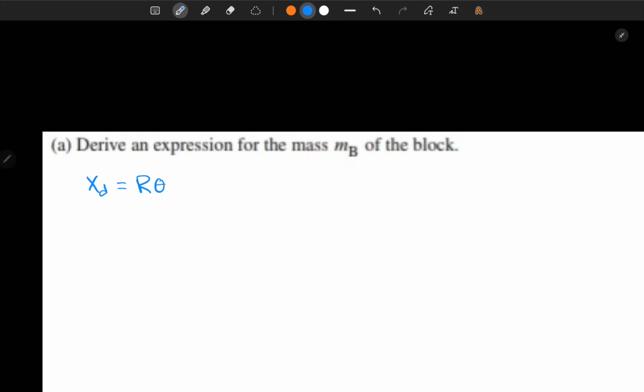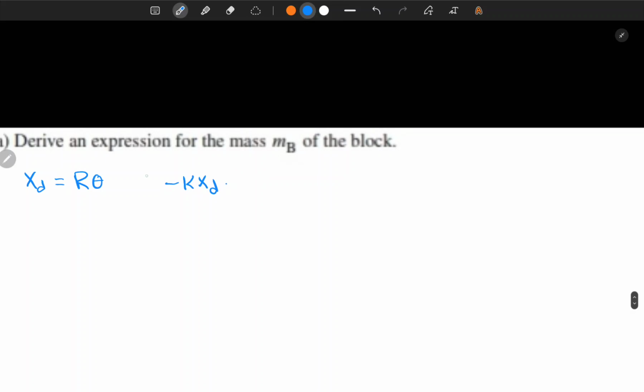Next, the force required to stretch the spring by this amount is equal to negative k times x_d. So that's the force required to stretch the spring. So we'll say this is equal to F_s. And since we're in equilibrium, we know that the net forces should equal 0. We know that the sum over all the forces is equal to 0.